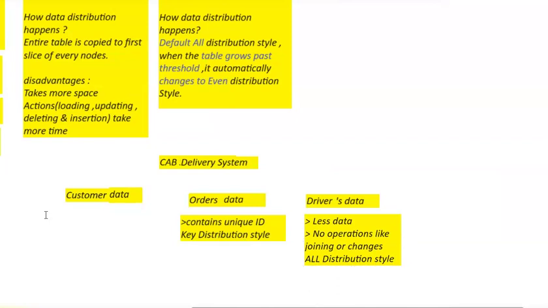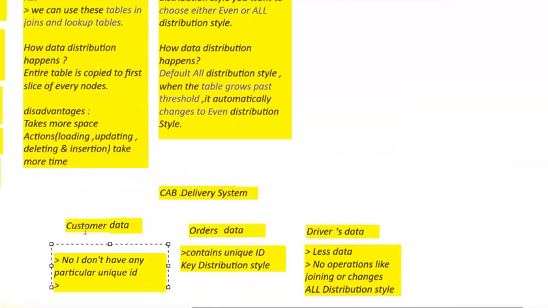At last, we have customer data. For customer data, do I have any particular unique key? No, I do not have any particular unique ID to identify each and every user.